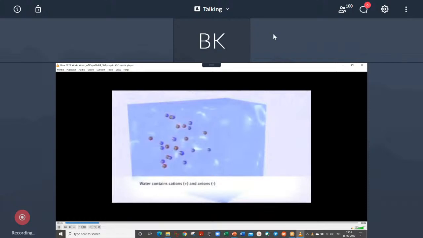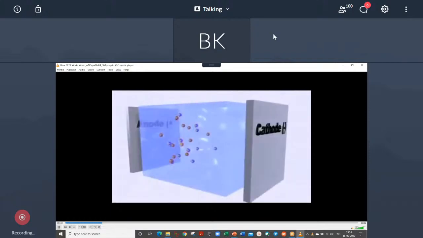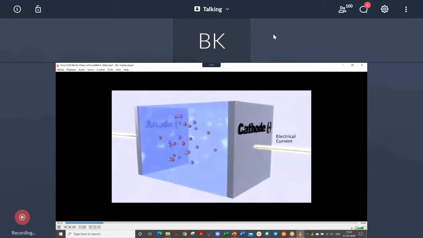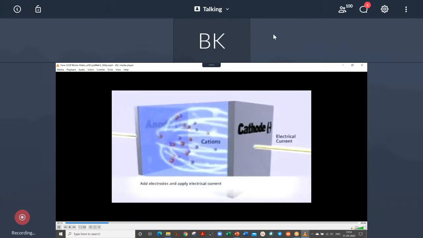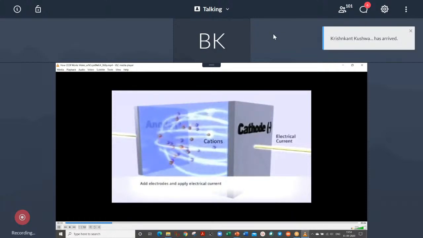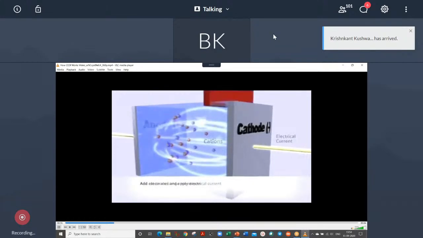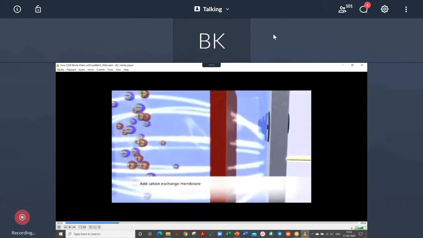When a pair of electrodes is inserted and an electrical current applied, the electric field drives the cations in the direction of the cathode, and at the same time drives the anions in the opposite direction, toward the anode. When we insert an ion exchange membrane made of cation selective resins, it will block the flow of anions and water molecules.